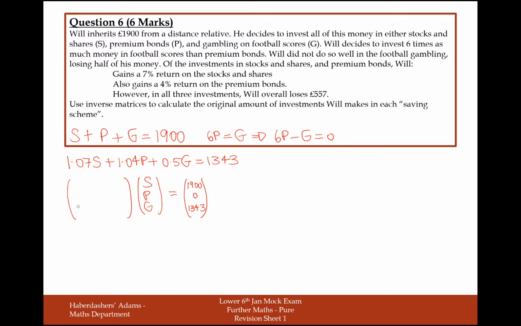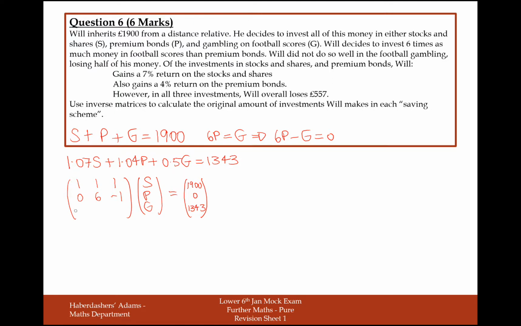So on the first one I've got 1S, 1P, and 1G. So my first row is going to be 1, 1, 1. My second row has 6 P's, a negative G, and no S's. So my first cell corresponds to the S. So no S's, 6 P's, and for the G is -1.